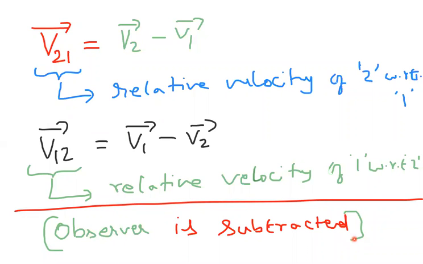Now, coming to this relative velocity, what we can write first, V21 bar and V12 bar: V21 bar is equal to minus V12 bar. Why like that? Both are opposite and equal.